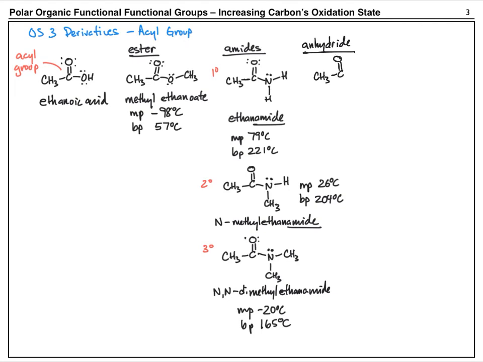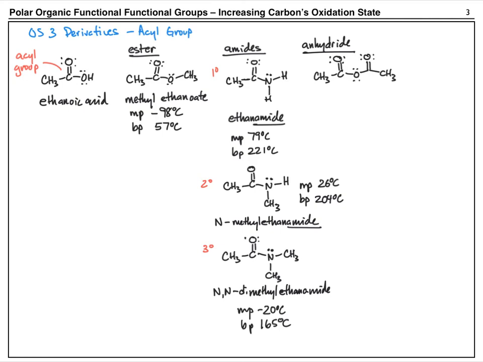There's a carbonyl or acyl group, bonded to oxygen, and another acyl group. So this moiety in the middle, CO pi bond, sigma bond, CO pi bond, this collection of 1, 2, 3, 4, 5 atoms, and that bonding pattern is called an anhydride.